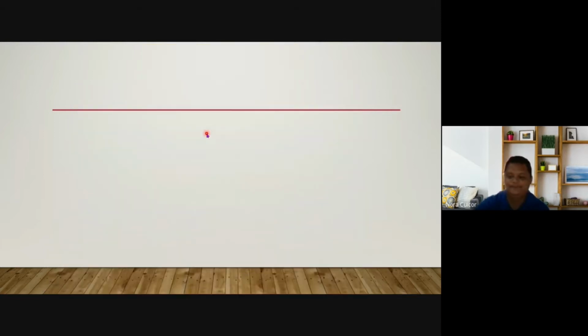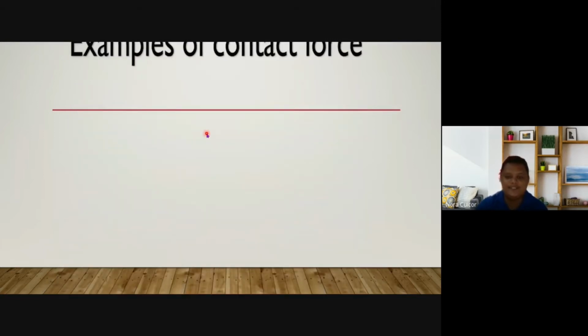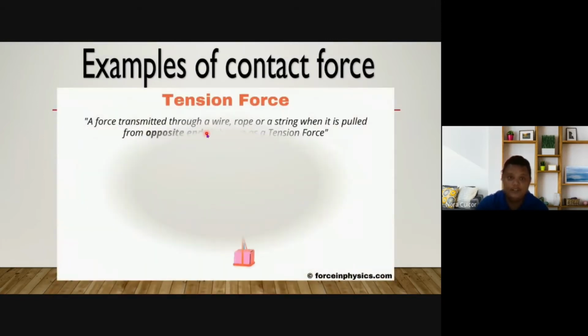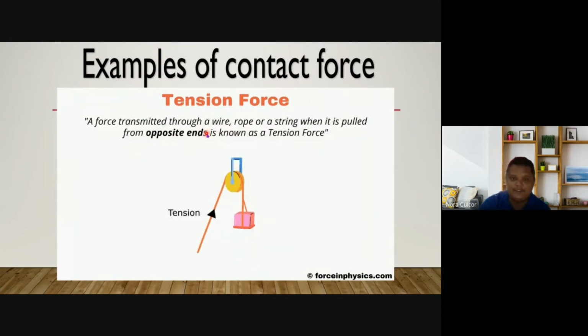Okay, another one is tension force. Tension force is also an example of contact force. Tension force is a force transmitted through a wire, rope, or string when it is pulled from opposite ends.